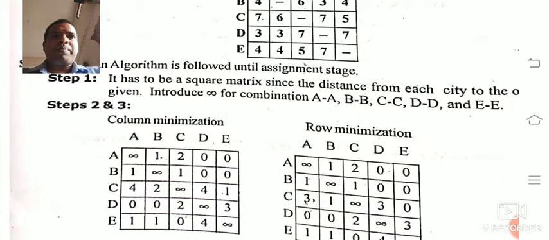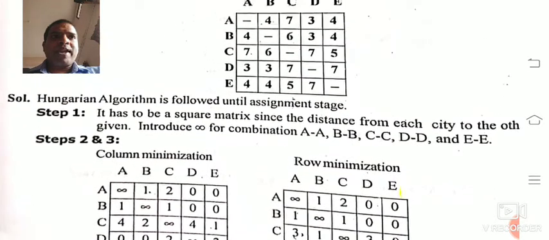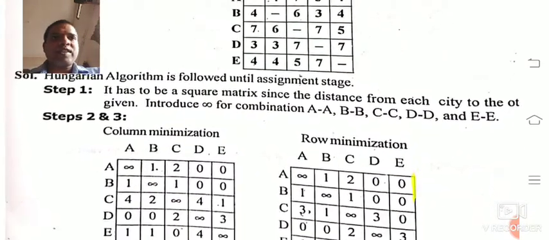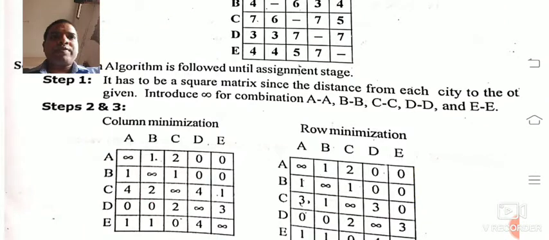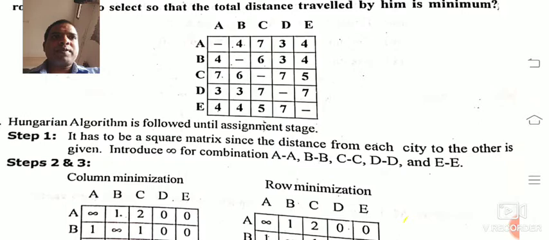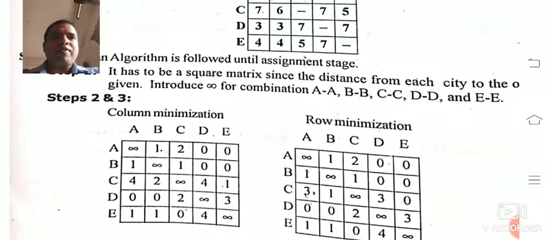Similarly, for column B the minimum element is 3, and it becomes 1, infinity, 2, 0, 1. In column C, the minimum element is 5. We subtract 5 from the other elements, then it becomes 2, 1, infinity, 2, 0. Like this we need to do it for every column. That is called column minimization.